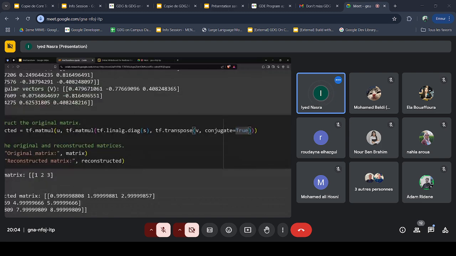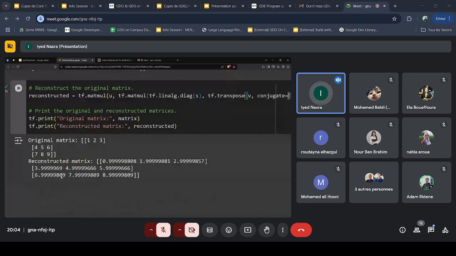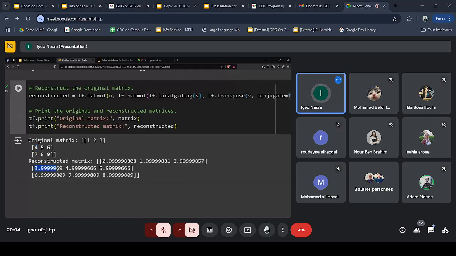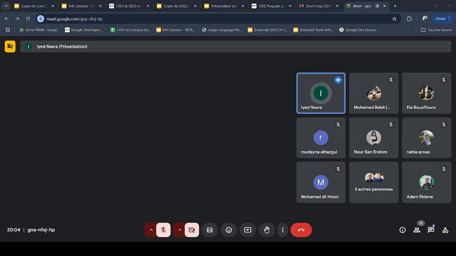Try to zoom. This is as close as it gets. We have to excuse the floating point inaccuracies, for just 3.99969. It's very close. It's basically conserved information about the original matrix.